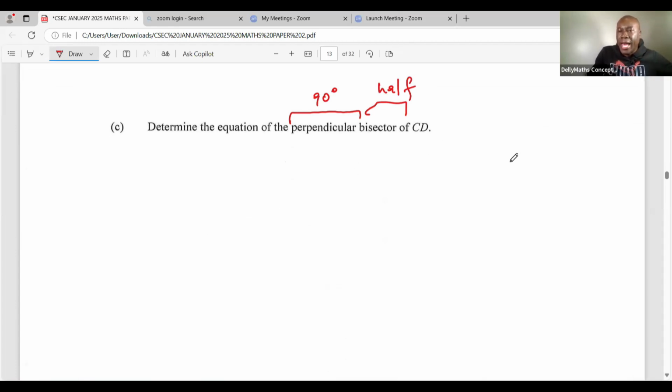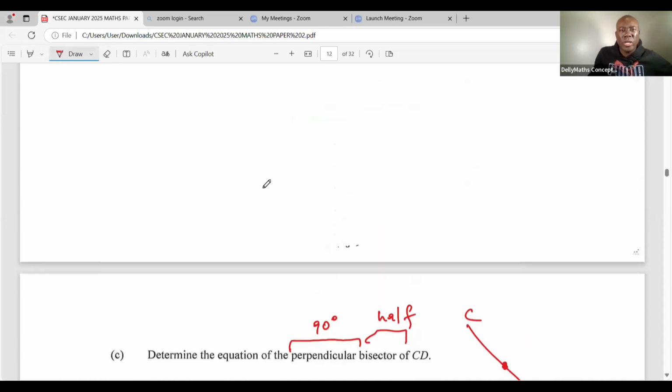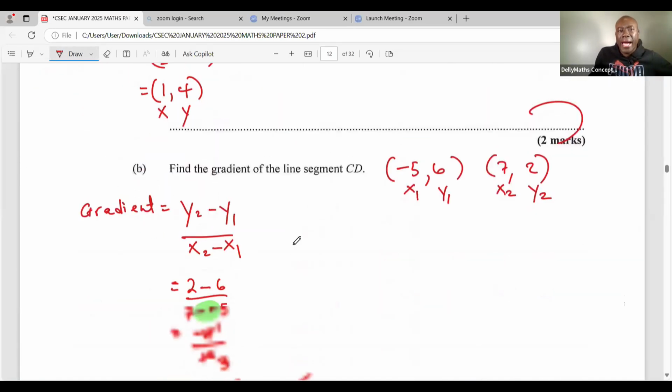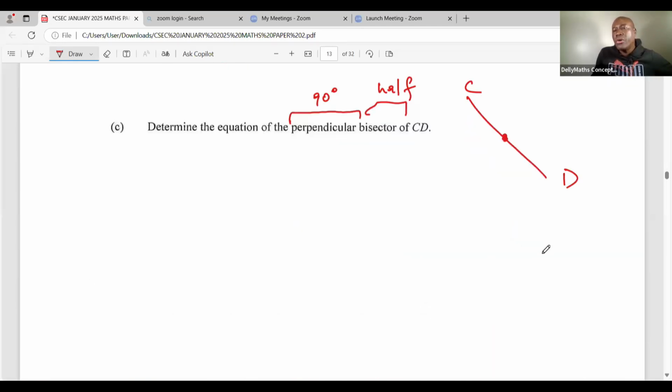So here we have a line, CD. We know the middle of the line. I think the middle of the line was (1, 4). I'll just quickly scroll back. So it's (1, 4). The coordinate for the middle of the line was actually (1, 4).